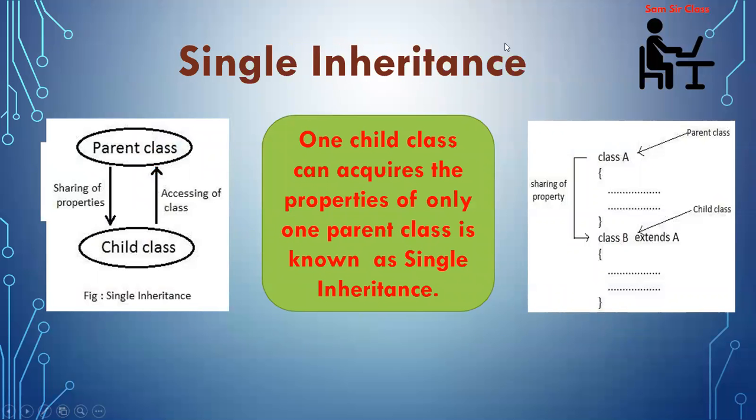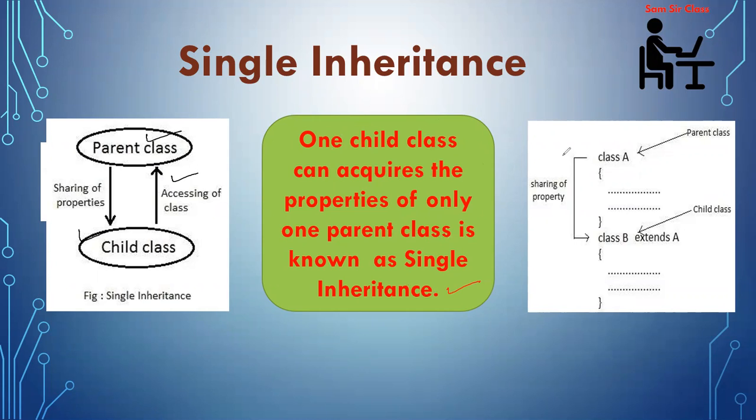Now check the theory portion of single inheritance. One class acquiring the properties of only one parent class is known as single inheritance. That we have seen. So from the parent class, the properties are shared with the child class, and the child class accesses the properties of the parent class.